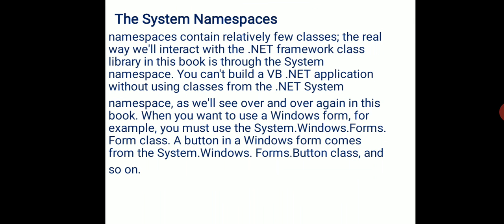So a button in a Windows form comes from the system.windows.forms.button class. Like that, in the forms you may be using a text box or button or a label. A text box comes from system.windows.forms.textbox. So separate classes are there. Okay.